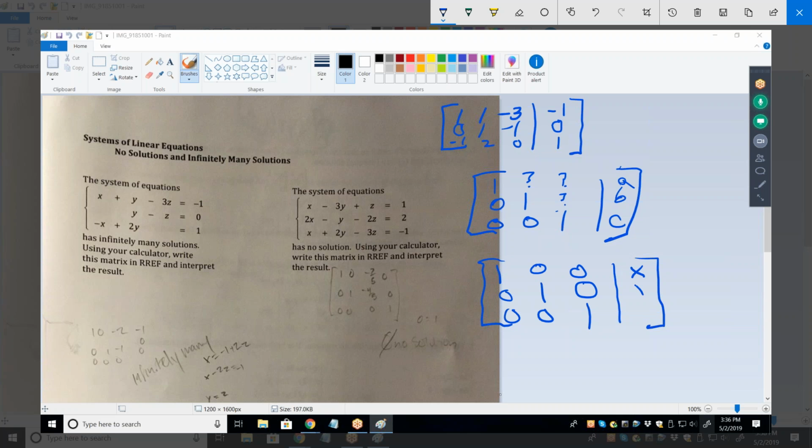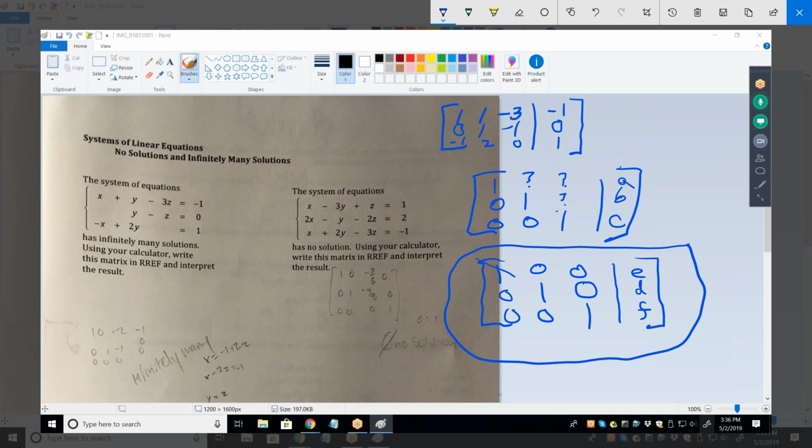Now, in this case, I shouldn't use x, y, and z, so let me use 3 different variables. If I can manipulate my original matrix and get it to look like that, then I know that x is equal to E, y is equal to D, and z is equal to F, because the ones represent the x, y, and z.